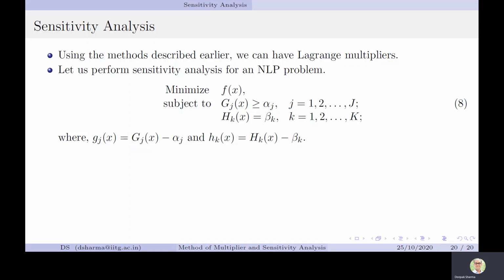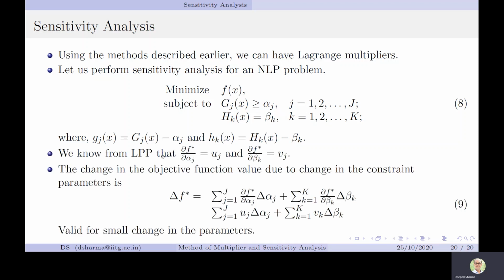In our LPP also we have constants on the right hand side, represented as B1, B2, Bj. From the LPP we know that if we differentiate function f with respect to alpha j, we get Uj. When we differentiate f with respect to beta k, we get Vk. This should not be Vj, it should be Vk.